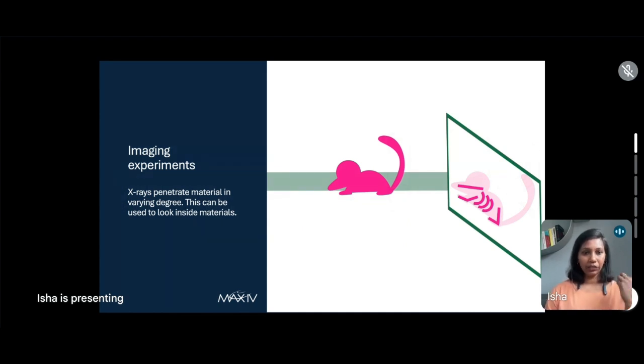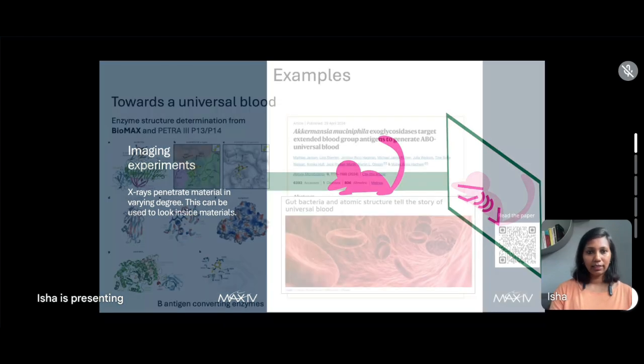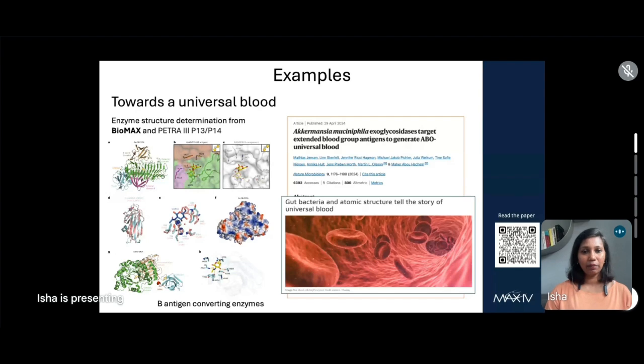X-rays penetrate material in varying degrees, and you can always tune your X-rays to go as deep in the sample as you like, and then you can see varying levels of structure. We'll see an example of this later on. So that's imaging. I'll go with the first example, which is X-ray scattering.